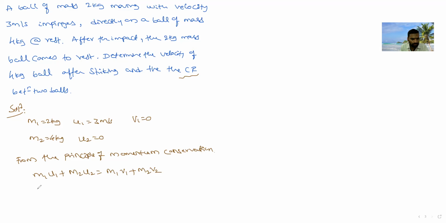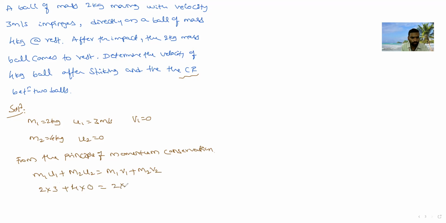Okay, so substitute. What is M1? 2 kg. U1 is equal to 3 meters per second. Plus M2, which is 4. What is U2? U2 is equal to 0.